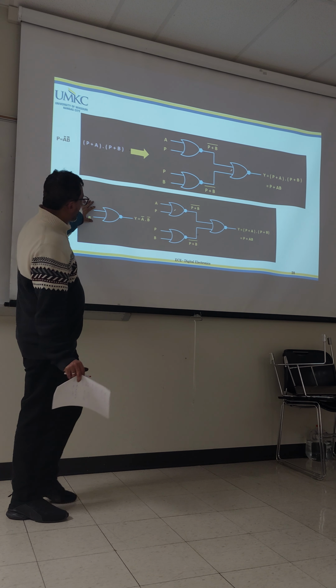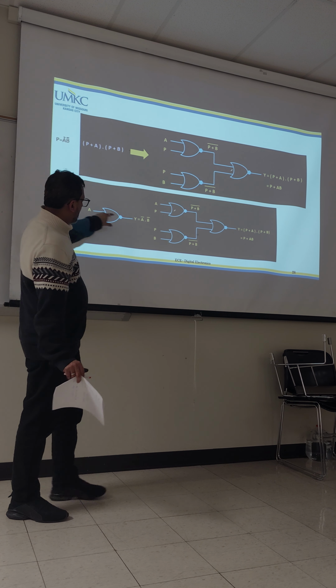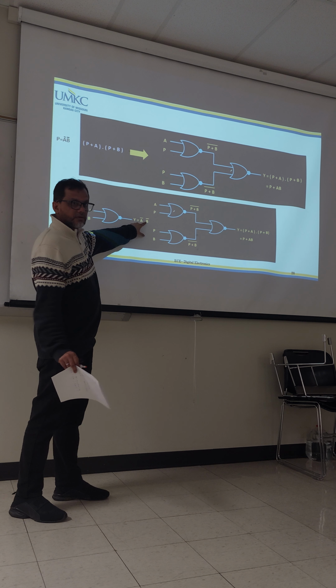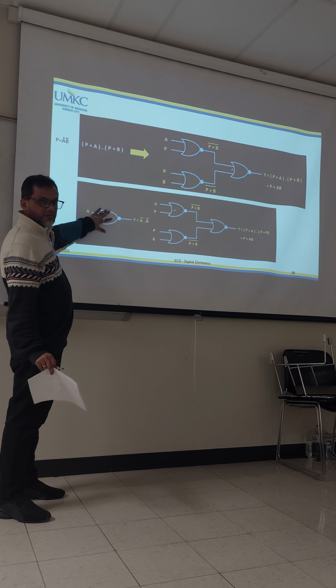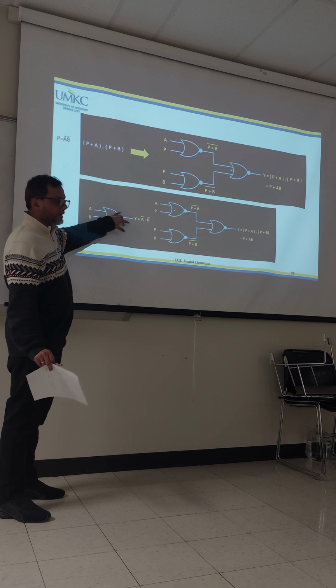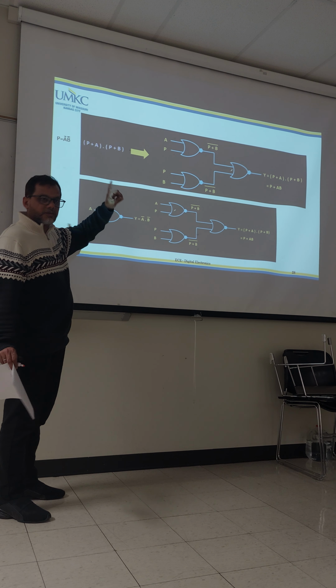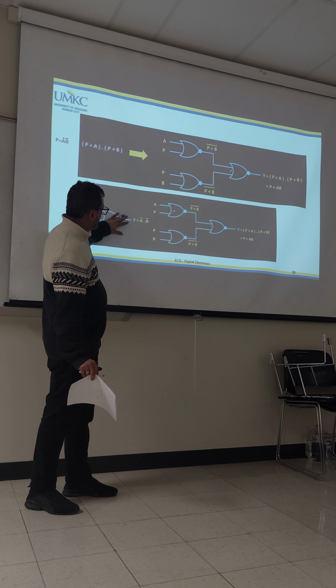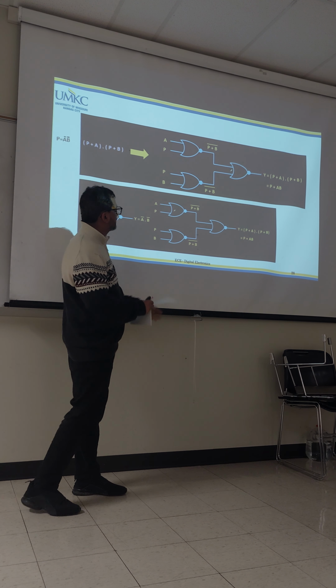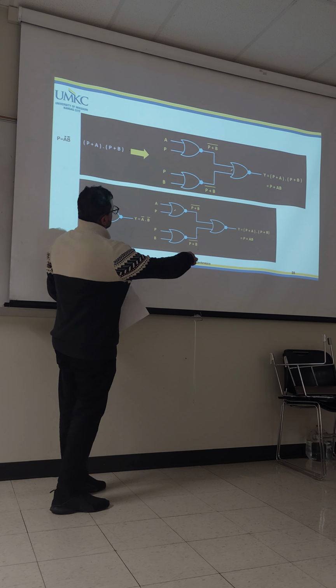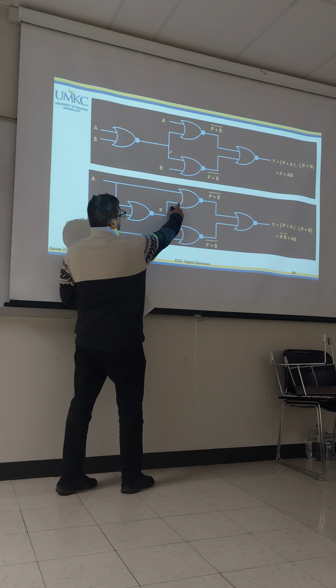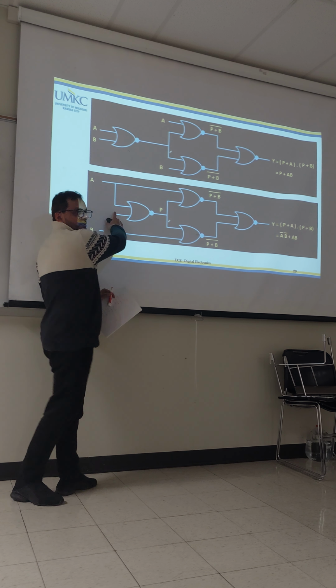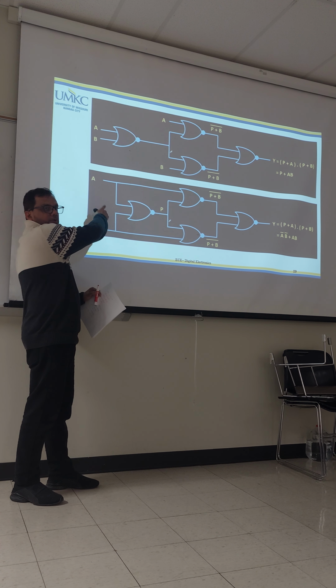So what is P plus AB? That means we have this AB, and this A bar dot B bar can be implemented by one NOR gate. If you connect this NOR gate to here, like this, this is P, this is P. From here we are already getting A bar dot B bar.